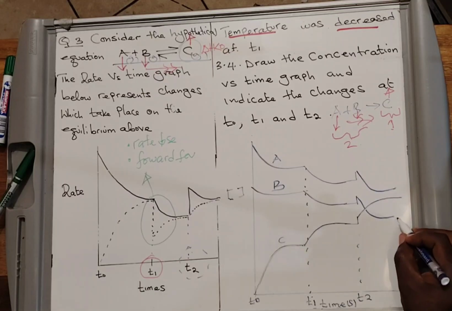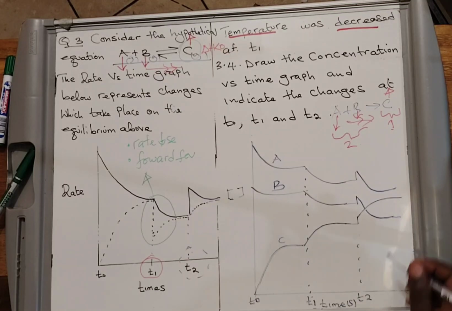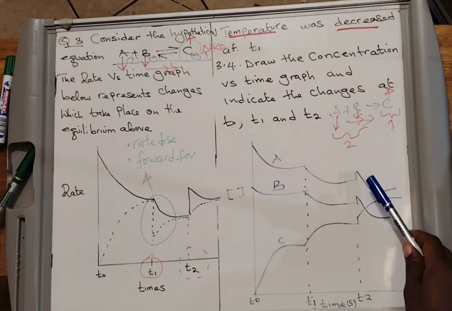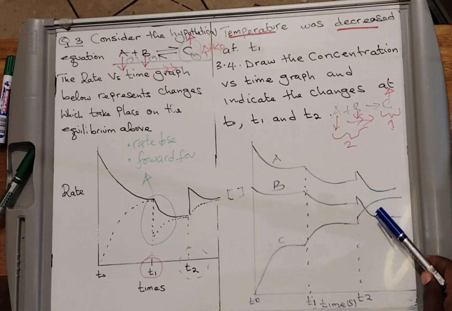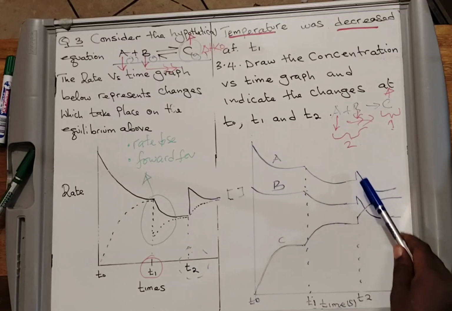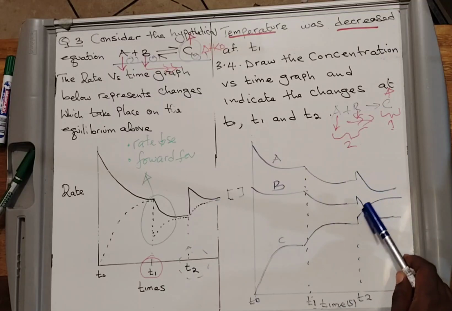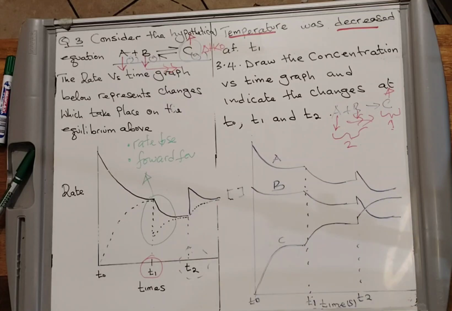So literally, this is what happens. The crossing is not what is being examined here, but the changes. What we have noted here is that A and B have dropped below their initial level, and C has what? Increased. That's what happens at T2. So this is the graph which was wanted.